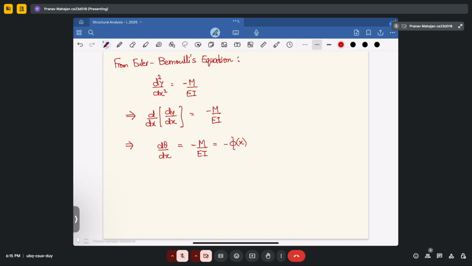Okay, now if I make the projections of this beam, suppose this beam is deflected into this shape. Let me take the next page.